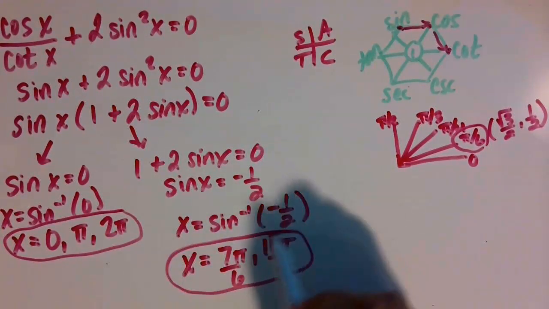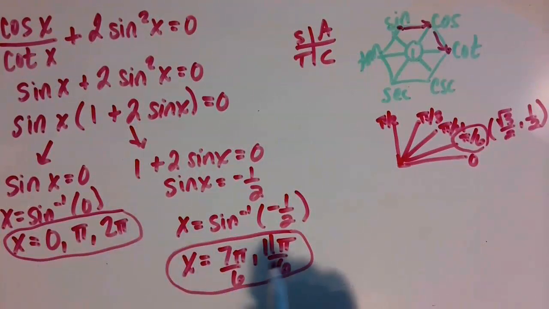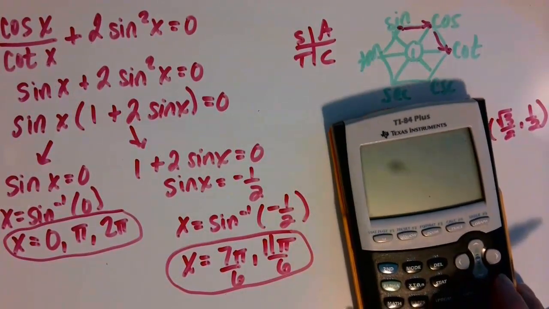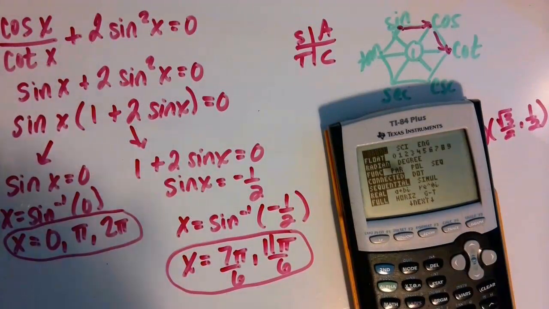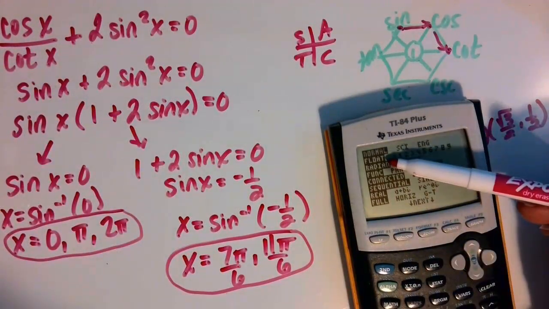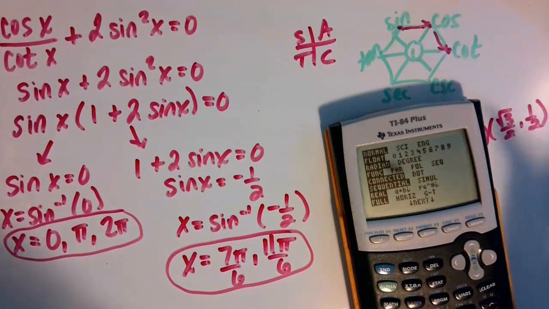So this equation has 1, 2, 3, 4, 5 solutions over the interval 0 to 2 pi inclusive. And we're going to need to check those answers in the graphing calculator to make sure that they all work. So if we go to the mode, we want to first verify that we're in radian mode, which we are.